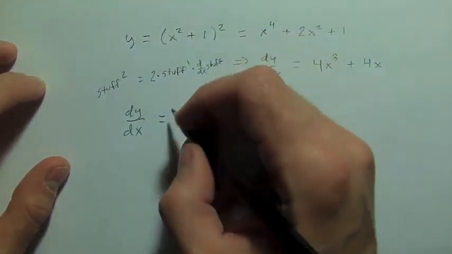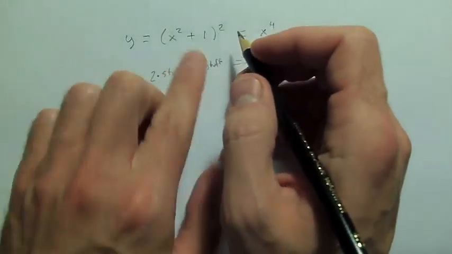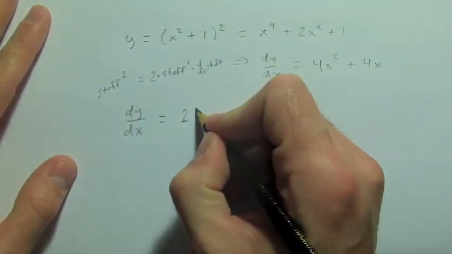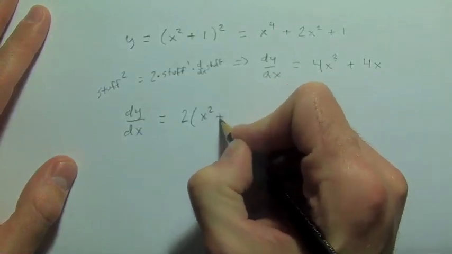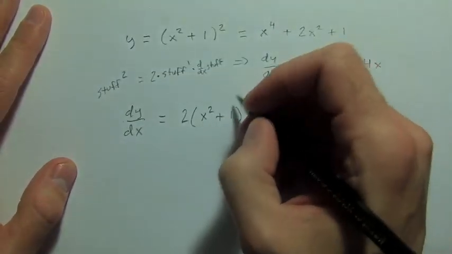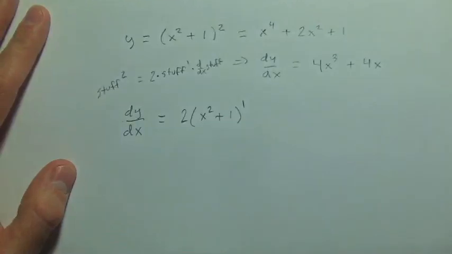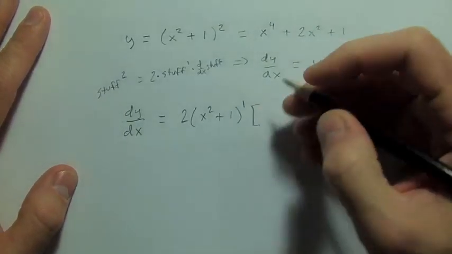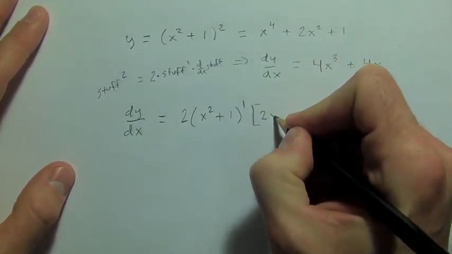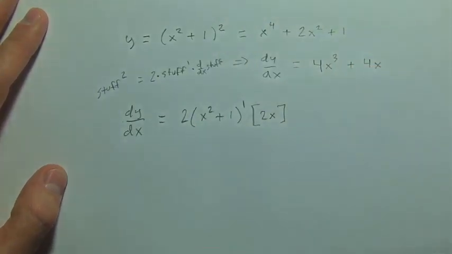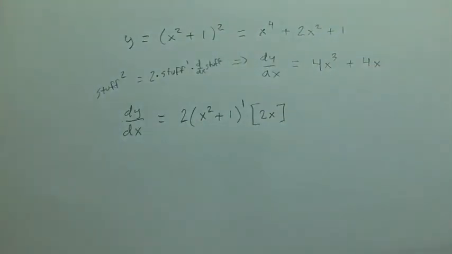Right? So what I'll end up with is 2 times the stuff on the inside left alone, raised to the 1, okay? Then times the derivative of the stuff, which will be 2x. Okay? And there we go.